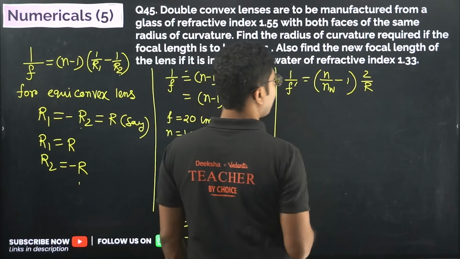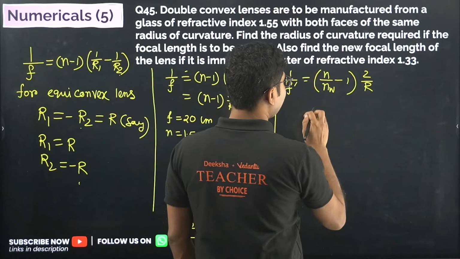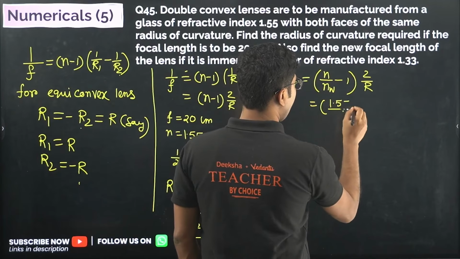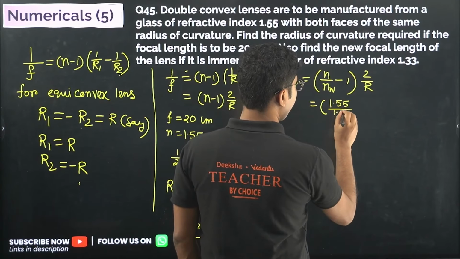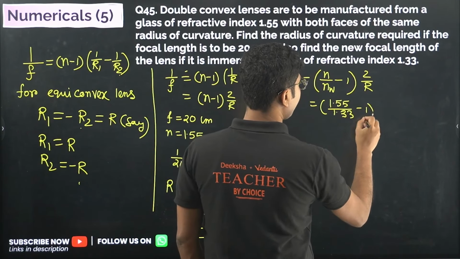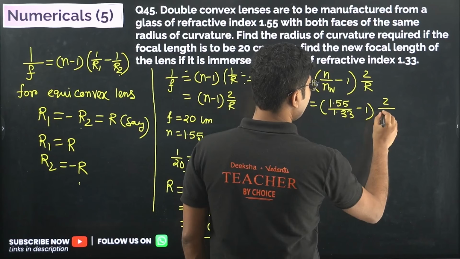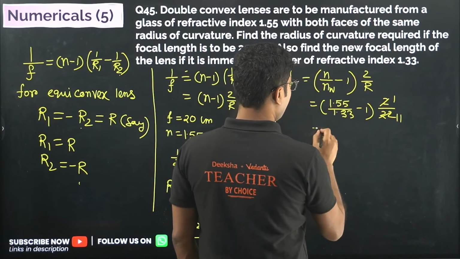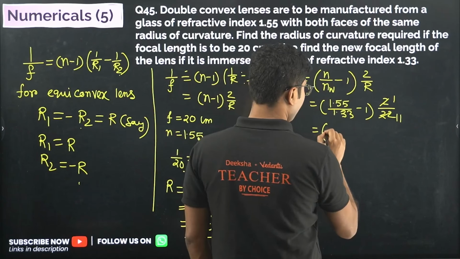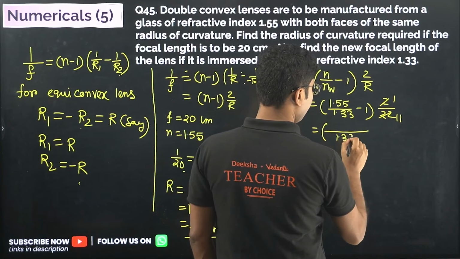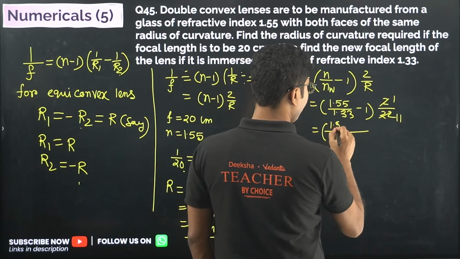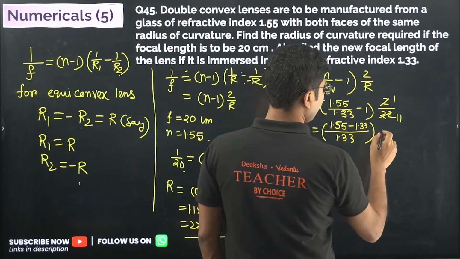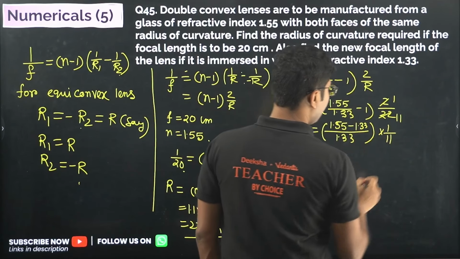Now what is n by nw? n is 1.55 and nw is 1.33, minus 1, into 2 by 22. So it is 1 by 11. Now let's simplify. (1.55 divided by 1.33 minus 1) into 1 by 11.